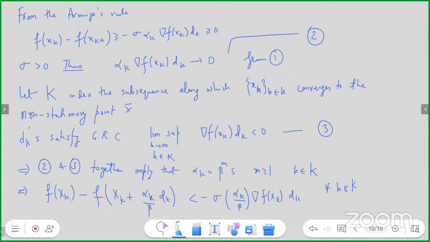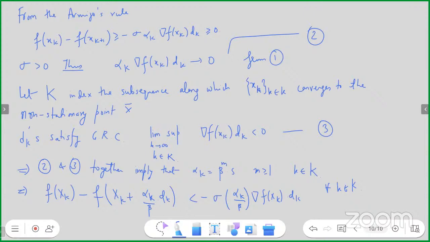Meaning minus sigma. Yeah, so the dk is also a descent direction. No, for the moment we've forgotten all of that. That's the whole point of contradiction. We know that gradient of f times dk is in fact a descent direction. But given that we started from the hypothesis that x bar is not a stationary point, can you conclude from here that the gradient of f at x bar times where dk is converging is in fact greater than 0?